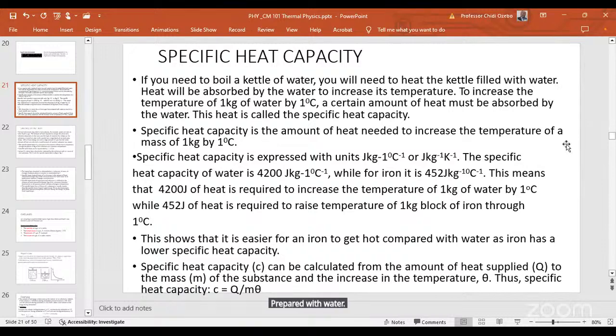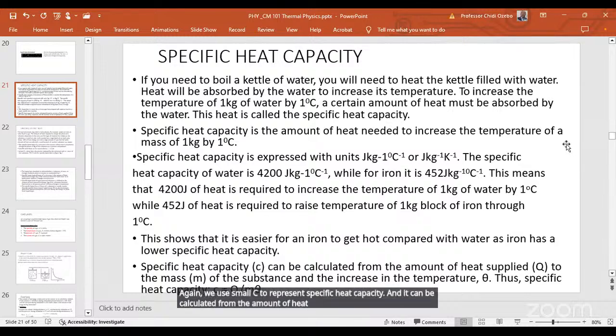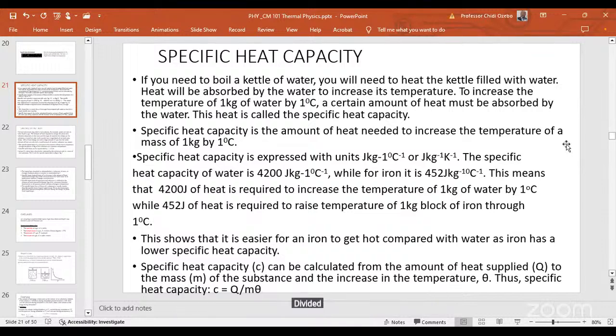Now, specific heat capacity, again, we use small c to represent specific heat capacity. And it can be calculated from the amount of heat supplied. Amount of heat supplied is represented by capital Q, and the mass of the water is M. So specific heat capacity small c is Q divided by M times the change in temperature, which is theta.